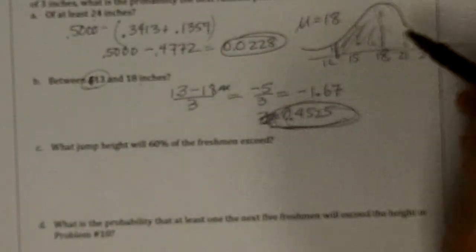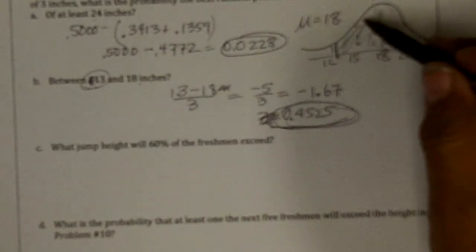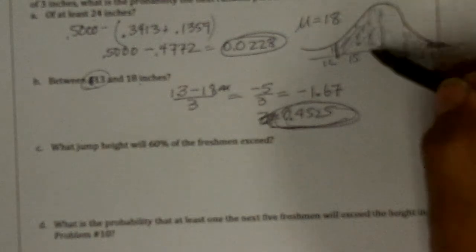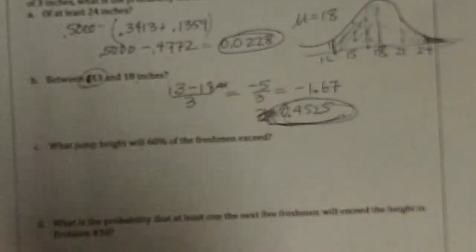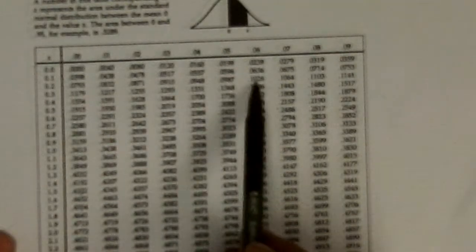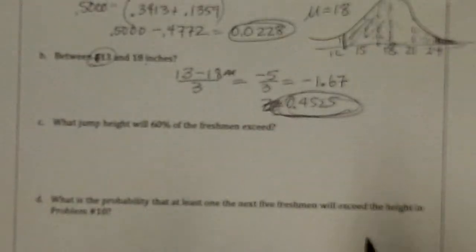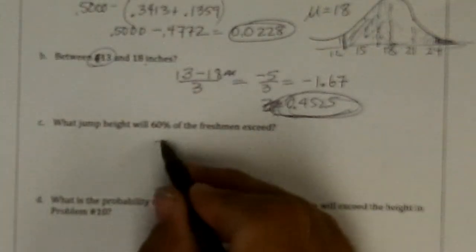What jump height would 60% of the freshmen exceed? 60%, so that would be more than 50%. That would be 10% lower than the middle. So I'd want to find 10% on the table, which is a z-score of about 0.25 or 0.26. I'll just do an approximation.